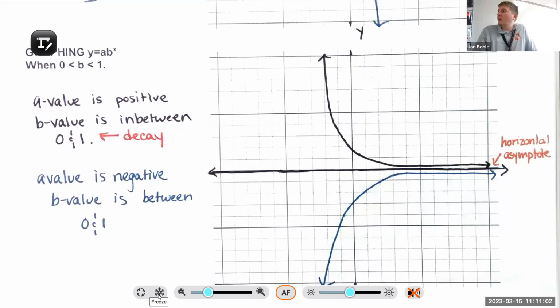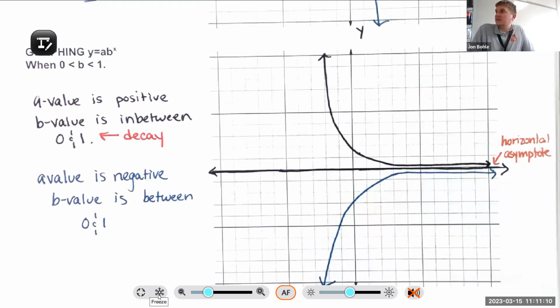Decay: radioactive materials. The radioactiveness of it decays exponentially. A car's value, unless it's a collectible car, is going to decay, or its price will decay exponentially. All right. So now what we're going to do is actually graph these.